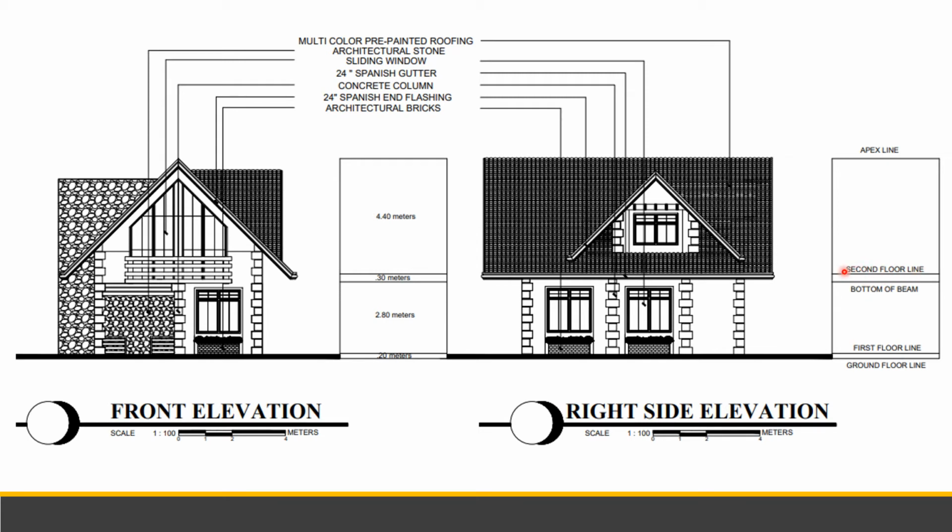So ito na yung floor level ng second floor, and then yung apex line, yung pinaka taas dun sa ridge ng bahay, no? So ito yung apex. Itong ridge na to is itong nandito, and then ito naman is the roof na nakikita natin.